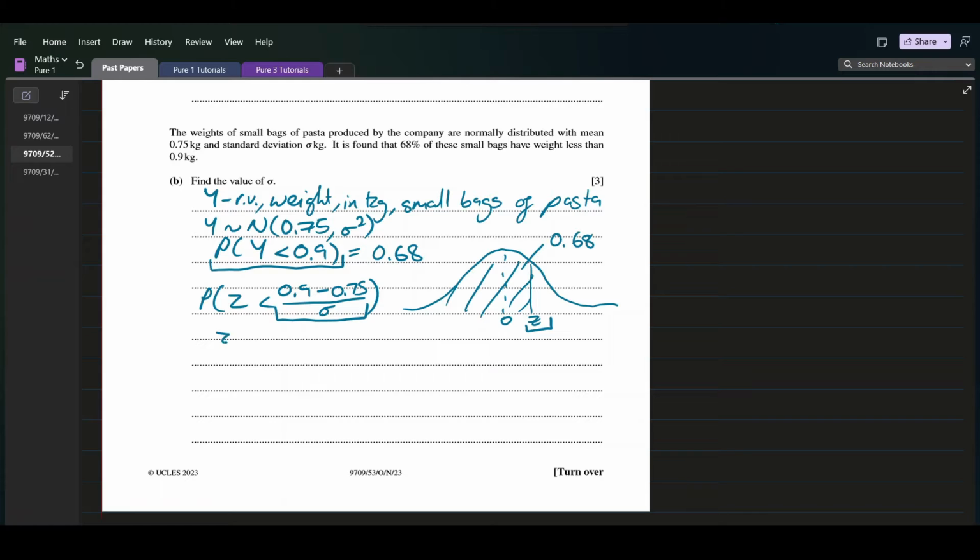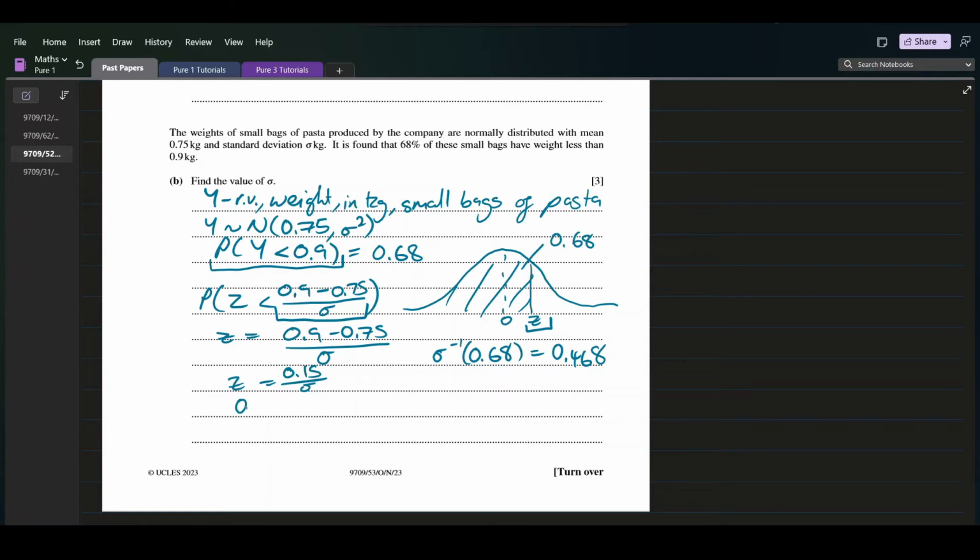So Z is equal to (0.9 − 0.75) over sigma. So let's first simplify that. Z is equal to 0.15 over sigma. Now let's use our tables in reverse to evaluate Φ inverse of 0.68. That should give us our Z value. And the Z value we should get is 0.468.